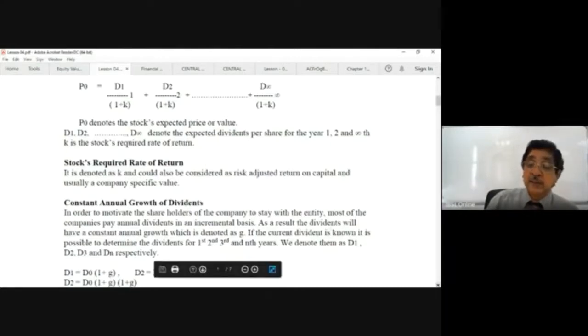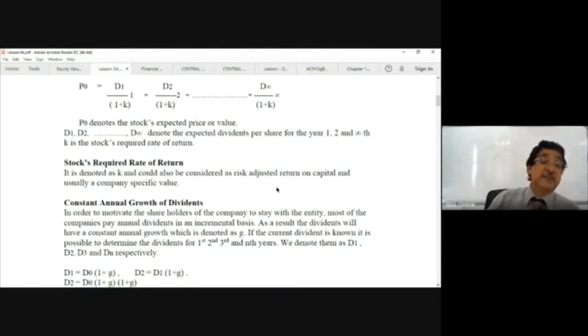Now you can see in our other discussions also, we have to consider several assumptions. In this case also, we have a set of assumptions. Among these basic assumptions, constant annual growth is a very important one.